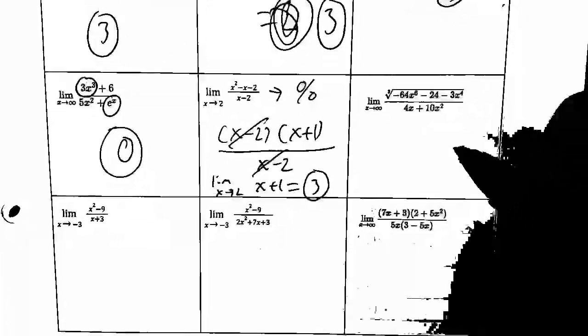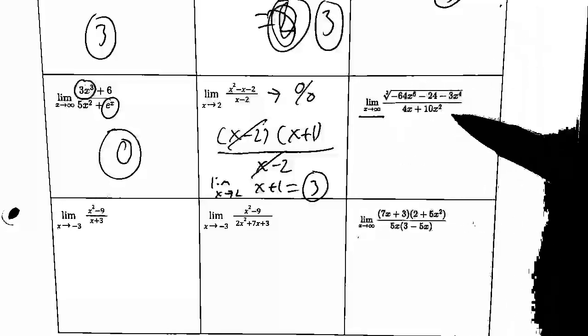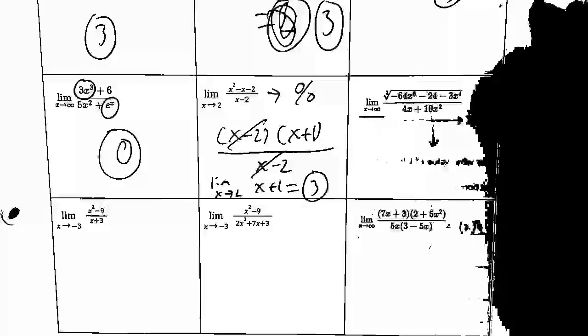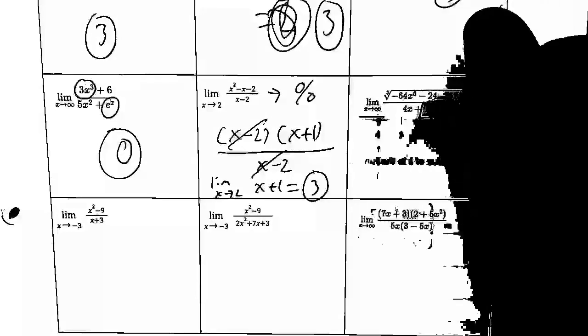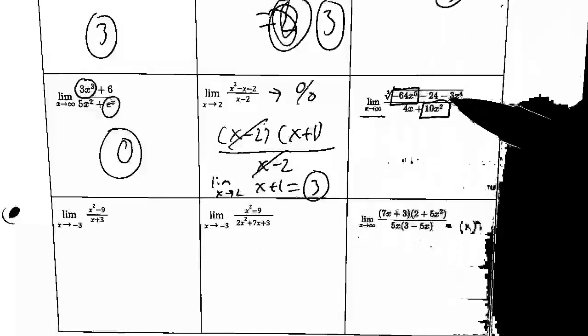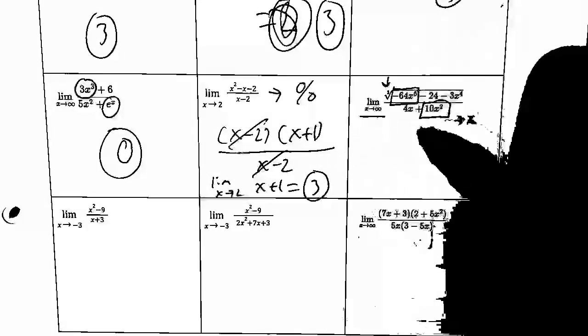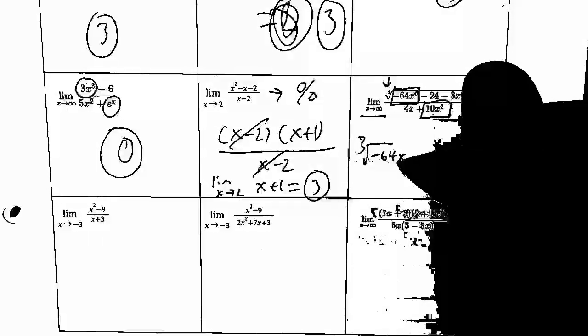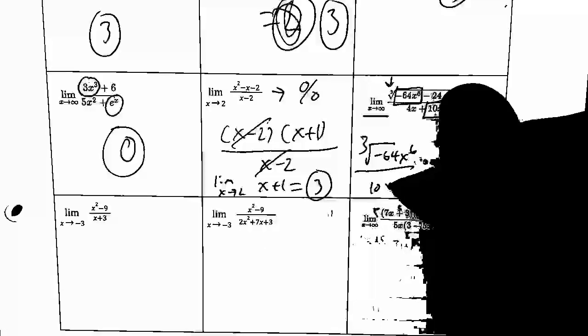We've got another limit to infinity. This time it's a little more challenging because we've got a root and we've got multiple terms. But if I pick the biggest terms, the biggest term is going to be 10x squared on the bottom and then negative 64x to the 6th on top. But we're taking the cube root of it. So let me rewrite it over here. It's the cube root of negative 64x to the 6th over 10x squared.